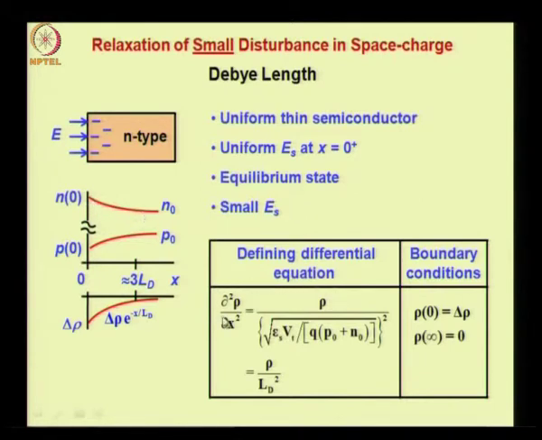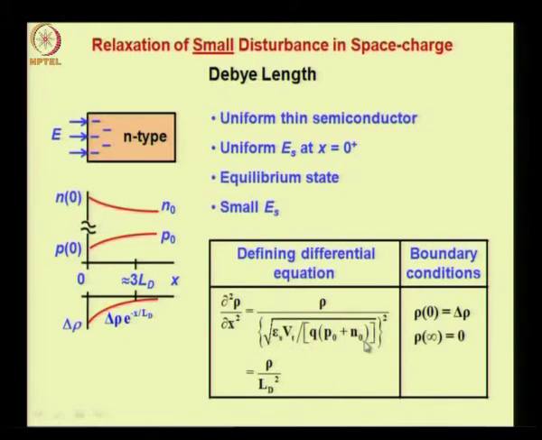The defining differential equation for this condition is a second order differential equation for space charge over distance, and this is where you get the Debye length, which is given by epsilon s Vt by q times the sum of hole and electron concentrations.